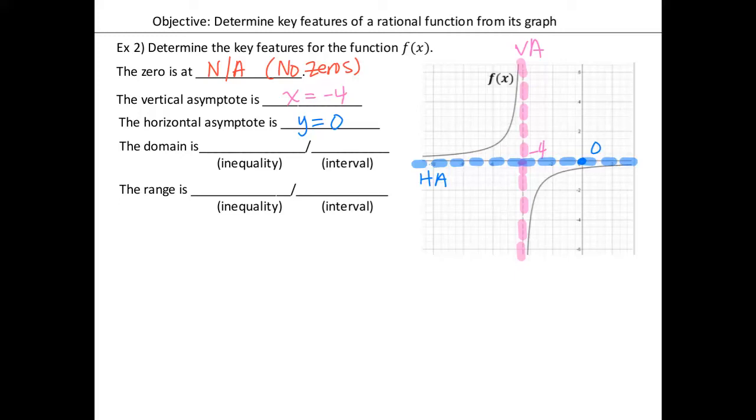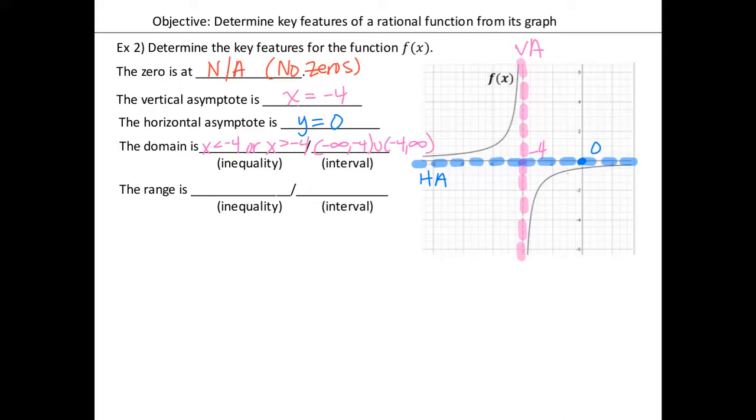So for my domain, it's going to be basically everything except for -4. So I have to cut it at -4. X would be everything less than -4 or greater than -4. And from -infinity to -4, union -4 to infinity.